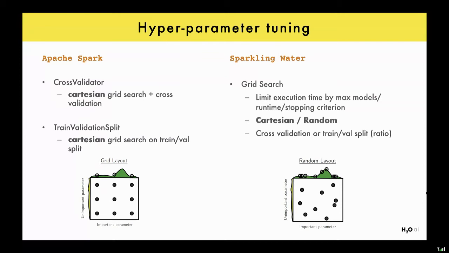You can limit the number of maximal models. You can limit the number of minutes, how long GridSearch will run. We have Cartesian and Random GridSearch. It's just a matter of setting one option, so you don't need to remember two different validators. And you can also specify cross-validation or training and validation split yourself in the same H2OGridSearch.